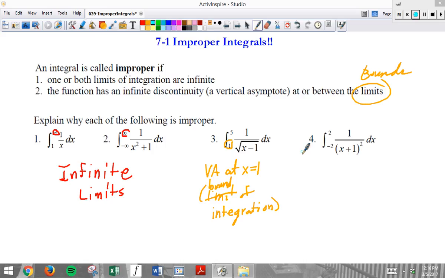And this last one, again, the looks can be very, very deceiving. And from now on, you have to be worried about that. Very worried about that. Well, gee, this is undefined. The integrand is undefined at x equals -1, which is between the limits of integration, or the bounds.